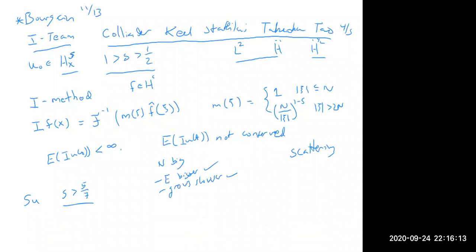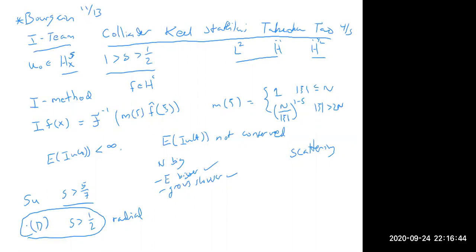And then in the radial case, you can actually get all the way down to any S bigger than 1/2, but you're really using the radial symmetry a lot in this paper. Yeah, it's radial, I'll write radial here. It's still an open question.